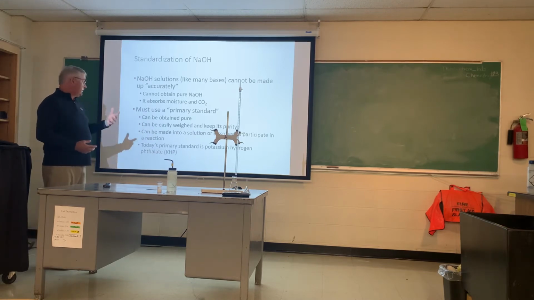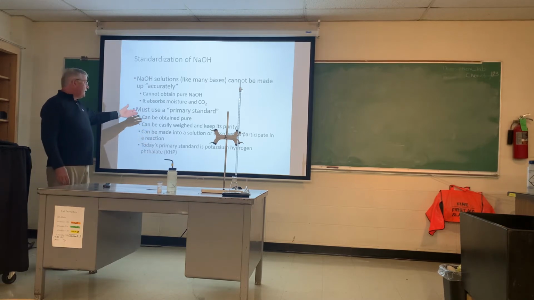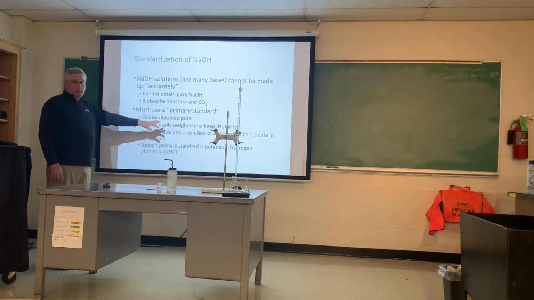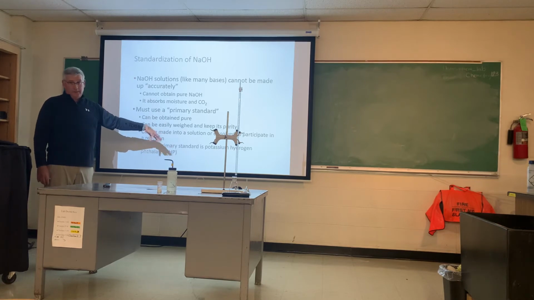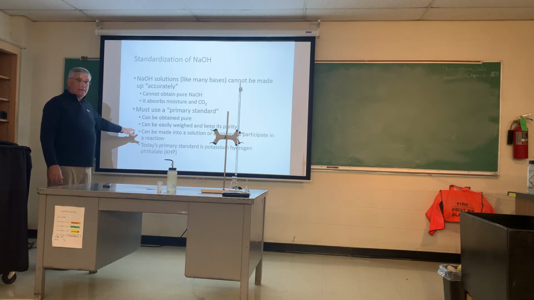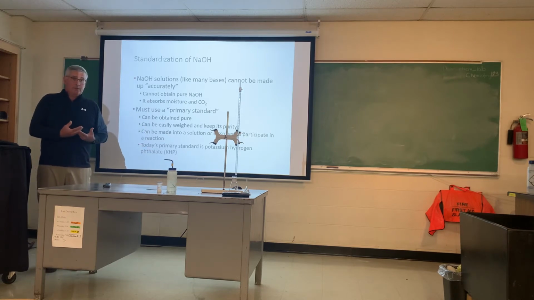And so in today's lab, we're using potassium hydrogen phthalate, which is a primary standard. Now, that compound is easily weighed. It's very, very pure. It dissolves easily, so we don't leave behind crystals and change the chemical reagent. And that compound is what we consider to be a primary standard, okay?